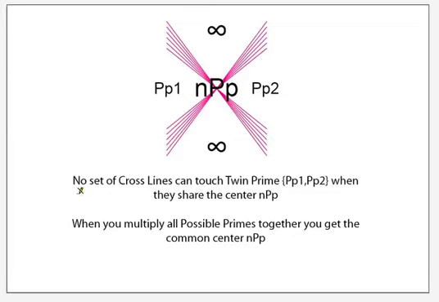Interestingly, because of all this, there is no set of cross lines that can touch twin primes PP1 and PP2 when they share the center in NP sub p. When you multiply all possible primes together, you get the common center of NP sub p, and none of those can cross that, what would be a twin prime, off the list, suggesting that twin primes just go on forever and ever.